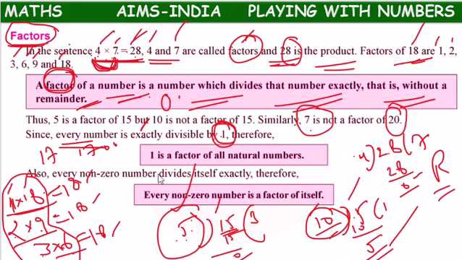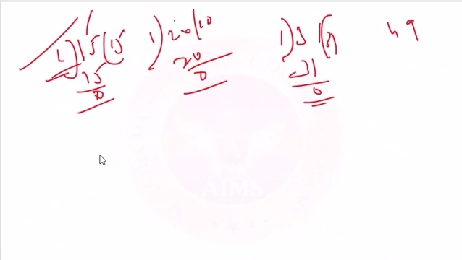So 1 is a factor of all natural numbers. Not only 1: if you take a number like 7, 7 is divisible by 7, 7 1 times is 7, remainder 0.